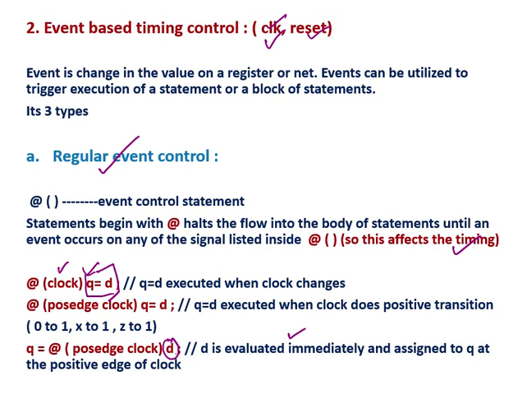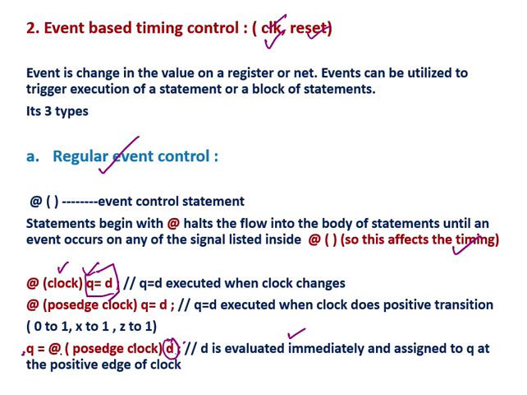But unless a positive edge of the clock comes, d won't be assigned to q. So the value of q not only depends on the value of d, it also depends on the positive edges of the clock. So this @ is halting the flow.